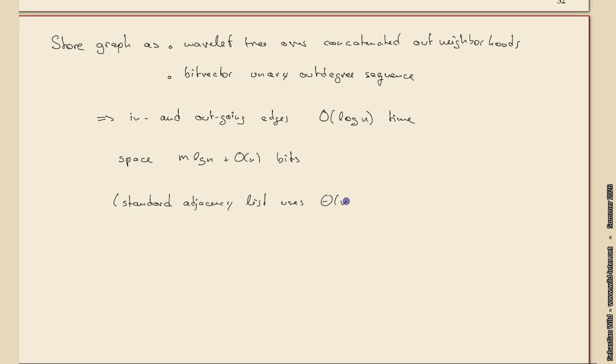It uses something like m log n. That's n log n bits. Okay. That's just one example. In general, for graphs, if any graph is possible, then you can't do all that much better than this.